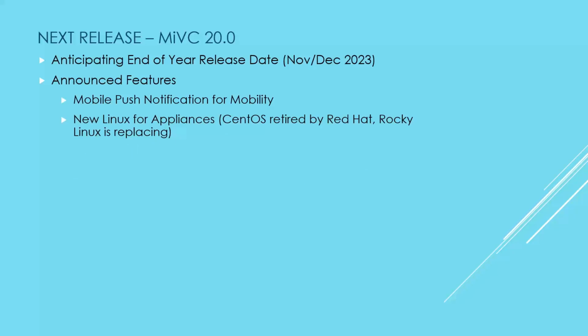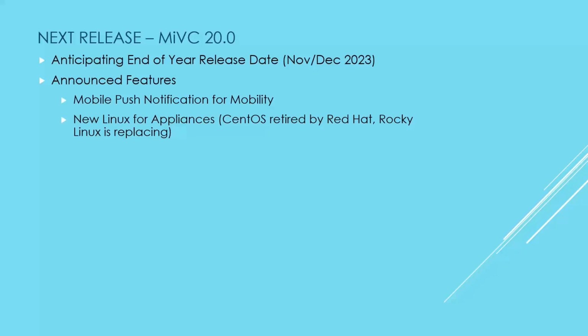Also, a major change in 20 is going to be a new version of Linux for the appliances. So any of the virtual, the V switches or the ST switches. They have used CentOS. Red Hat announced end of life for CentOS a while back. They were changing the way that the CentOS distribution worked, and it really wasn't going to be suitable as a stable platform to use for the appliances.